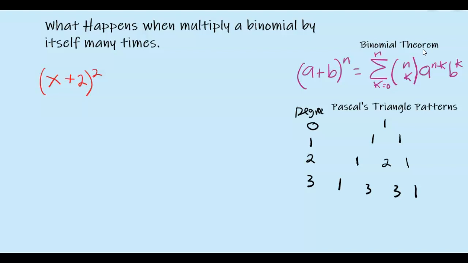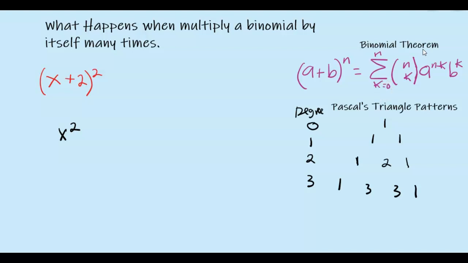Now let's use Pascal's here to do this one, which is of the 2nd degree, coupled with this binomial. So here we are writing the binomial. The x is for the a. Here x is going to take the power 2 minus 0, because when we are doing the summation, it starts from 0.